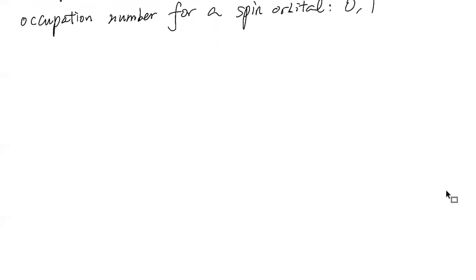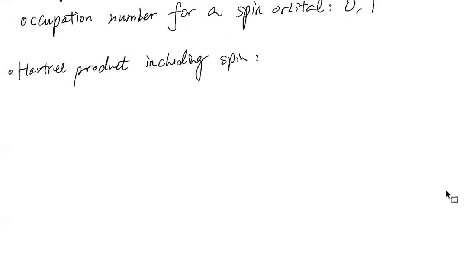So then our Hartree product, of course, when we consider spin, the Hartree product also includes spin. That's phi 1 x1, phi 2 x2 to phi n xn.